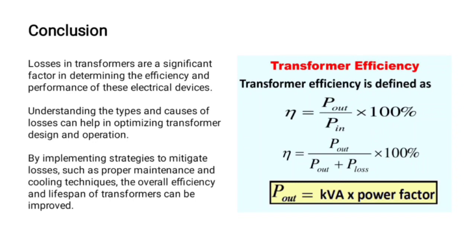Cool the transformer properly, shielding of the core must be greater, resistance of the winding must be lesser, primary and secondary windings must be interleaved, and regular maintenance and using high quality materials can also reduce the losses in transformers.